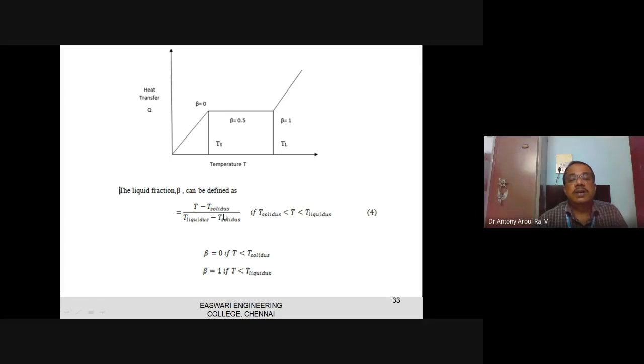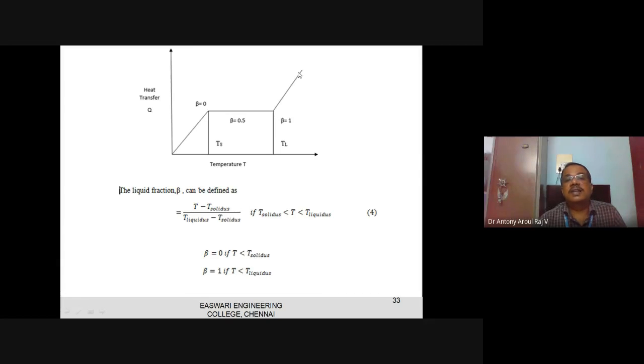So we know that if T is less than T solidus, beta is equal to 0. That means there is no liquid fraction below this. If T is greater than T liquidus, I think there is a small problem here, I'm sorry, then beta is equal to 1.